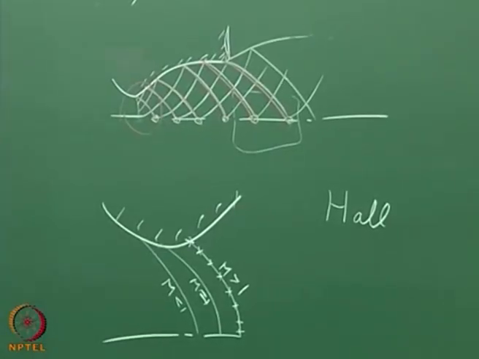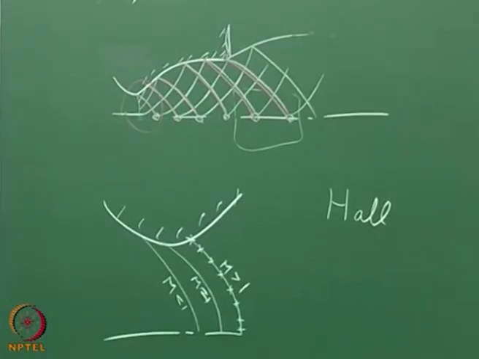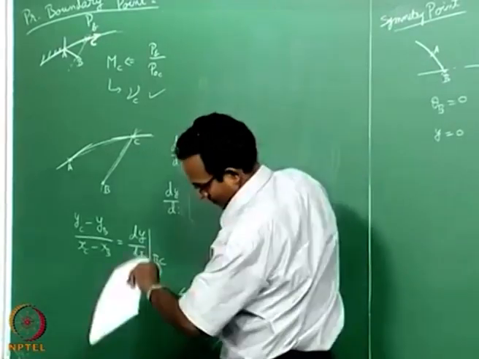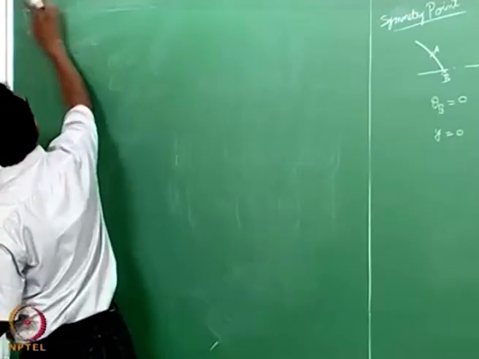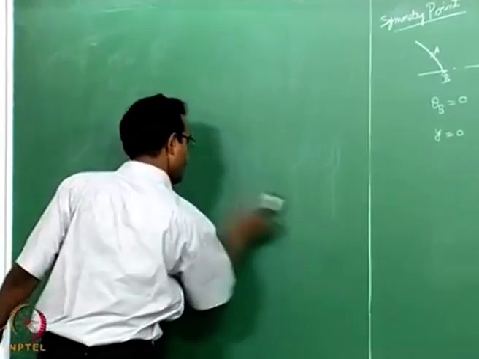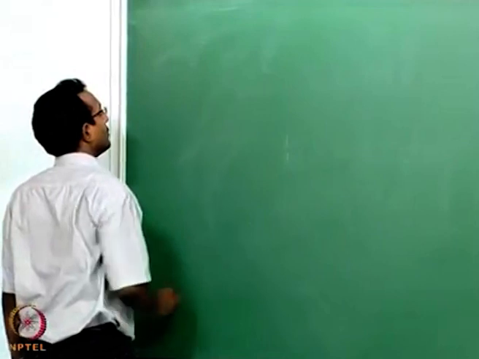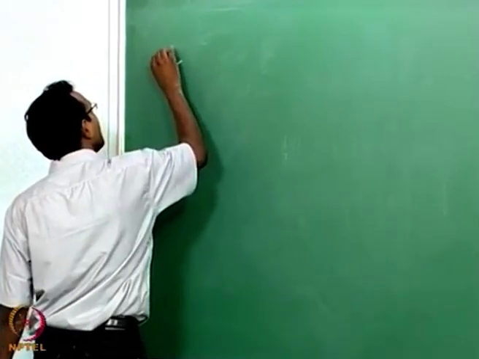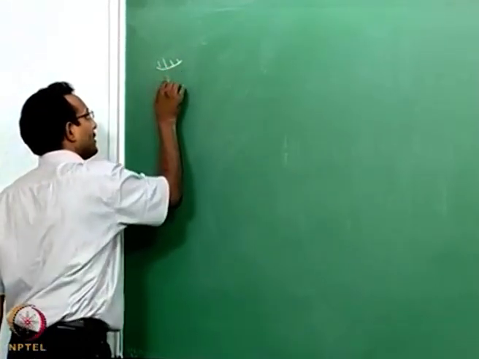So, now let us discuss how to create a nozzle. Let us say somehow the initial points after the throat are given to you.